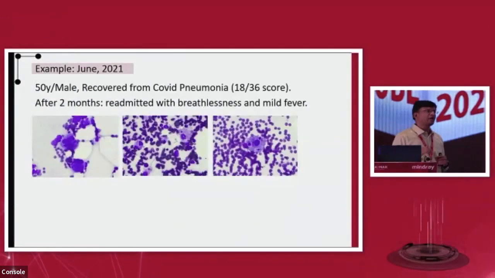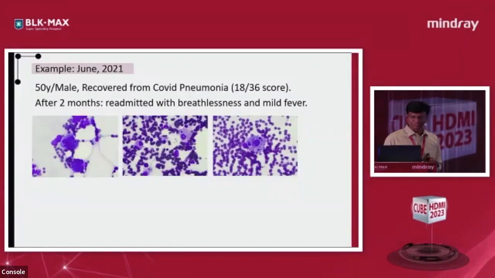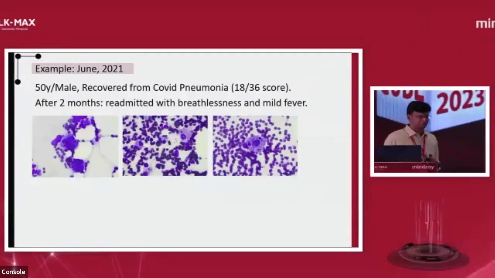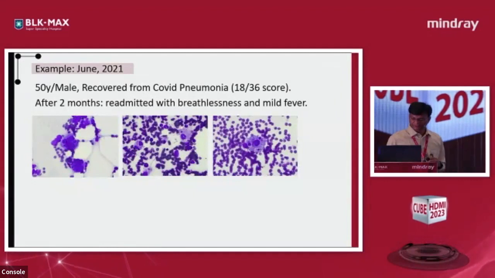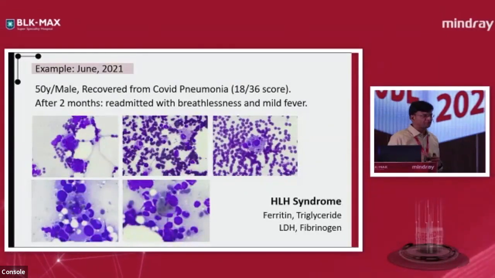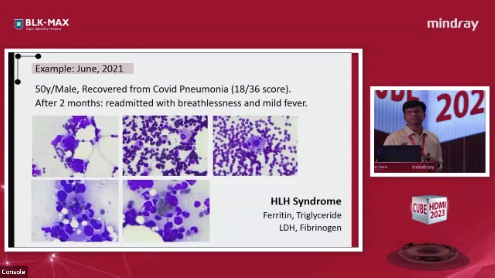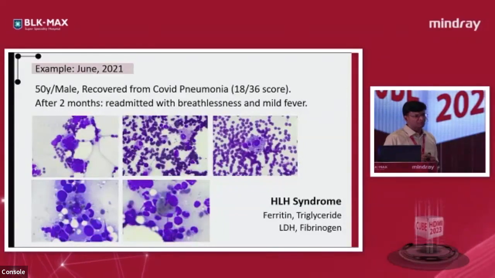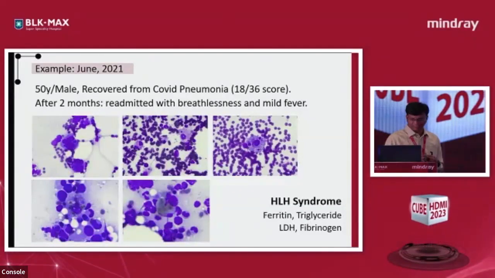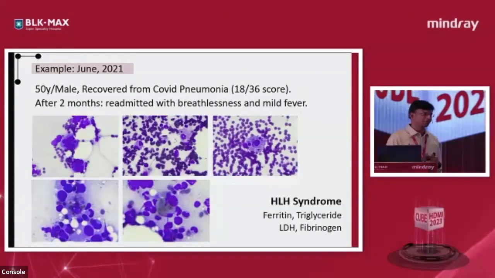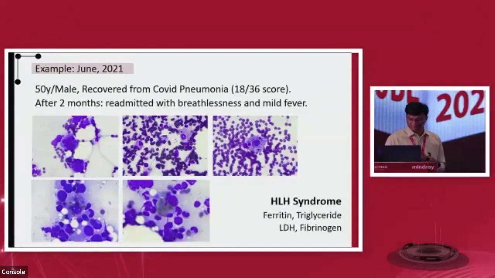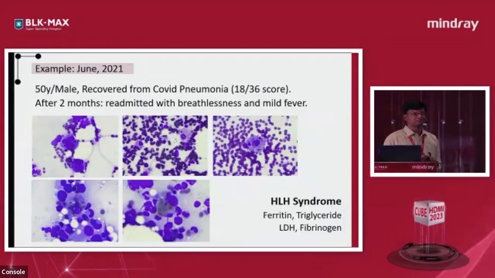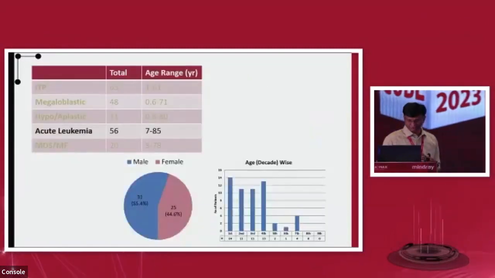It showed a hypercellular marrow with few megakaryocytes, and unfortunately a lot of histiocytes with lymphocytic phagocytosis and erythroid phagocytosis. This is a case of HLH syndrome. Probably it was COVID induced, but we don't know exactly, and the patient succumbed within a week. It was proved with ferritin, triglycerides, LDH, and fibrinogen.